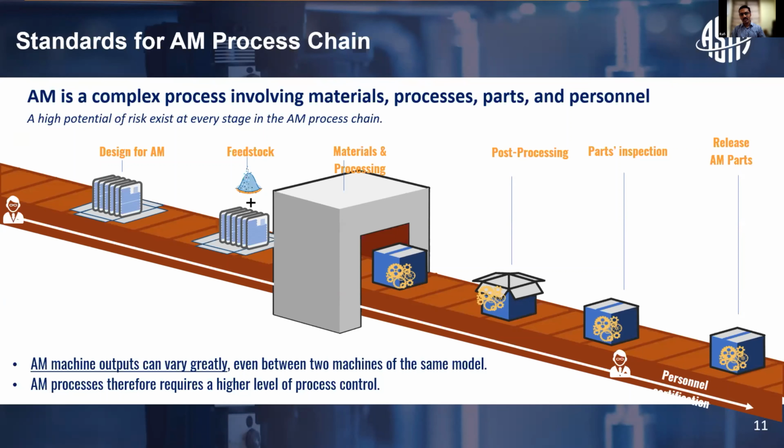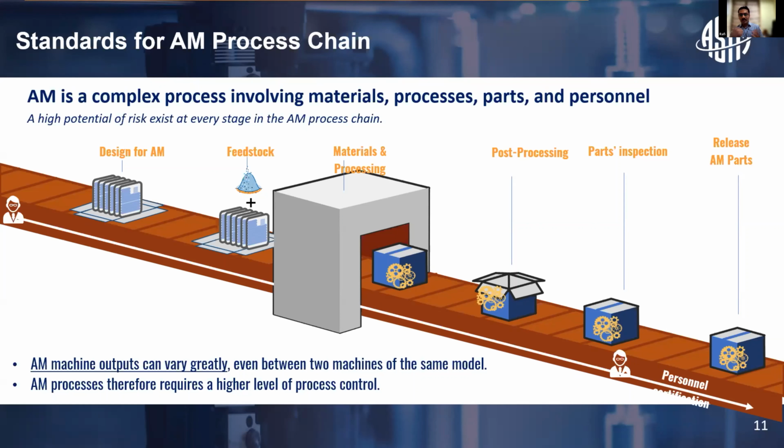Similarly, when it comes to feedstock, you have to have different considerations on the kind of equipment that you use and the number of times you use this material. All those things need to be considered when you manage feedstock. Similarly, on the process, we know that in a powder fusion process there are over 100 variables. So how are these variables controlled?